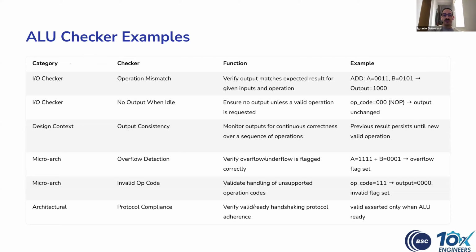We should check that there's a correct response with an unsupported operation. An architectural check, for example, could be the compliance of the handshaking signals of the module according to the specification and the defined rules of that handshaking. So every checker targets different failure modes, and together they all provide a comprehensive validation.